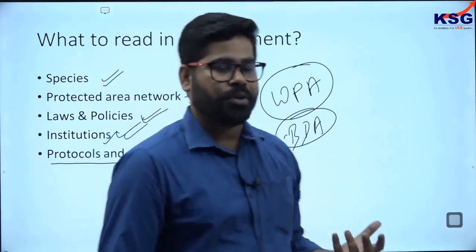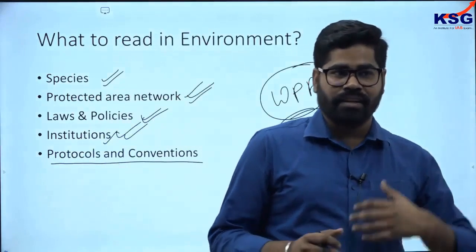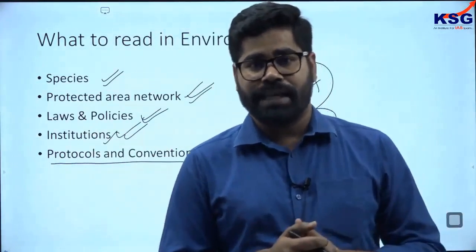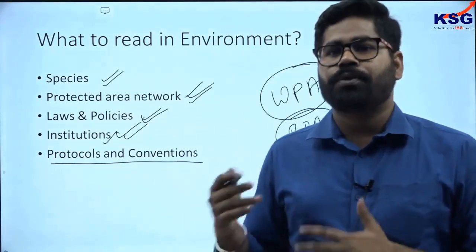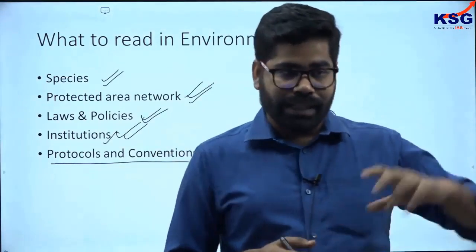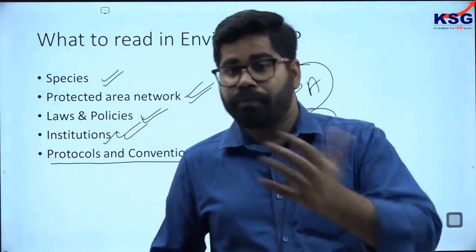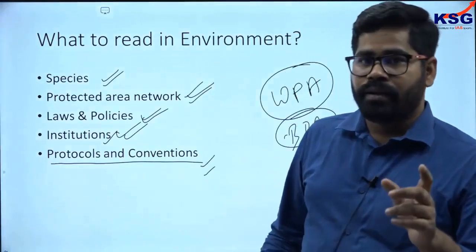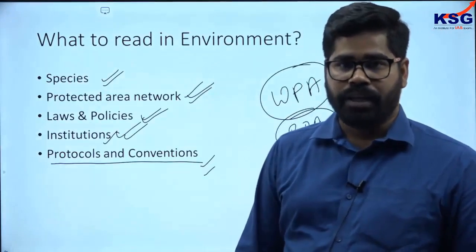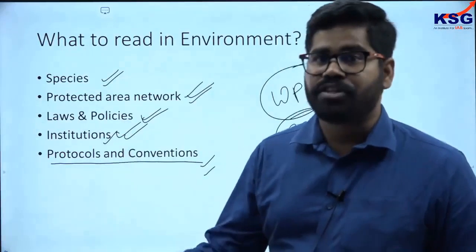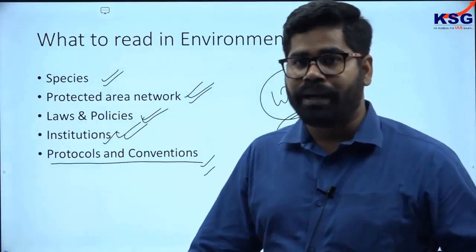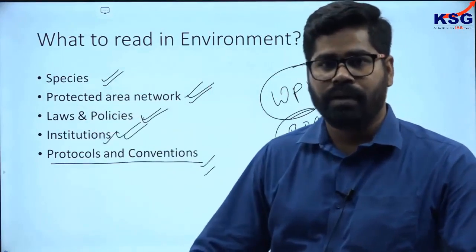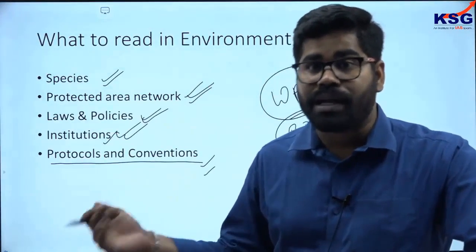So see, this Montreal Protocol is there, the Vienna Convention is there, the Kyoto Protocol is there. There are a number of protocols related to that. The Minamata Convention is there. So if these conventions or protocols are there in the news, or there is some major change about them, or some major conference related to environment, then you can again see that in the newspaper. Like in the months of November and December, the Conference of Parties of UNFCCC will take place, and at that time you will have certain news articles from there.